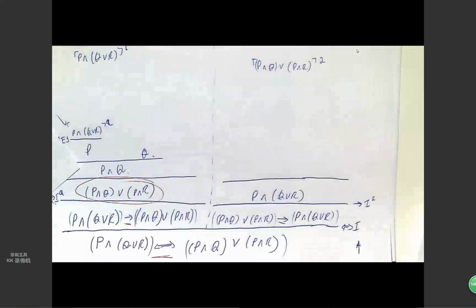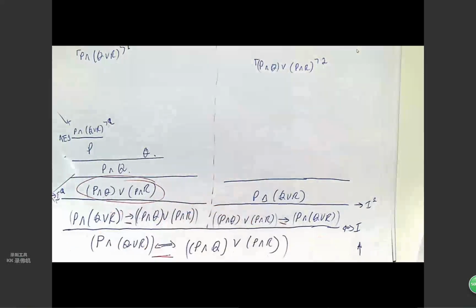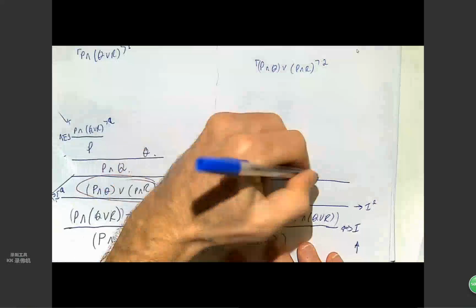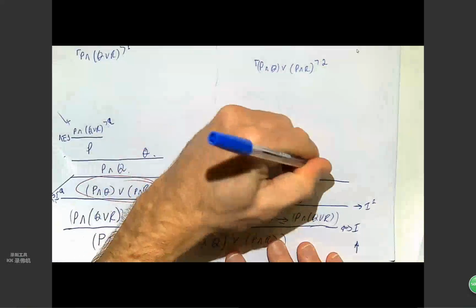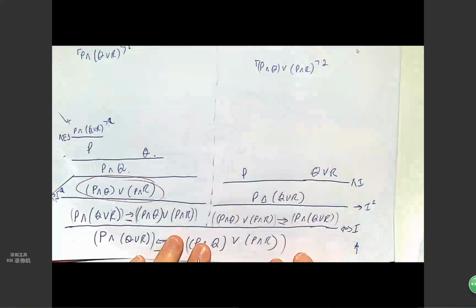On this side, I've applied the same things: equivalence introduction, implication introduction, and now I've got this. I have an AND in there as the main symbol. So what do we do? AND introduction, and then I get to P and Q or R. Yeah, and that's by AND introduction. Okay. What could I do again?